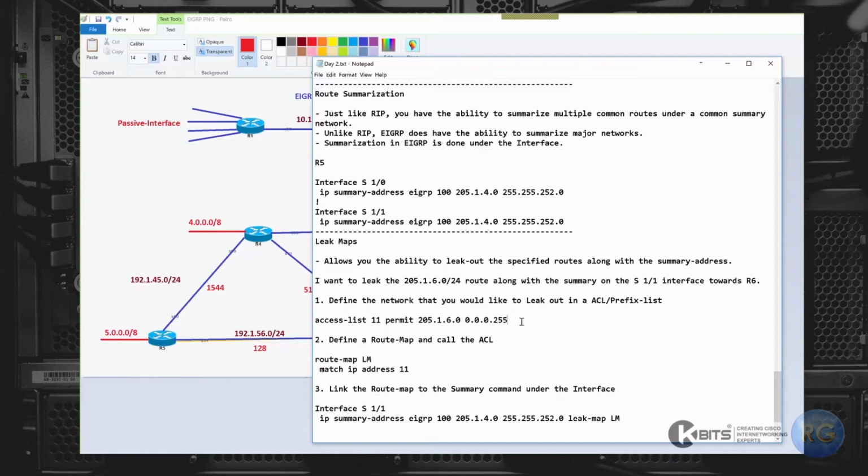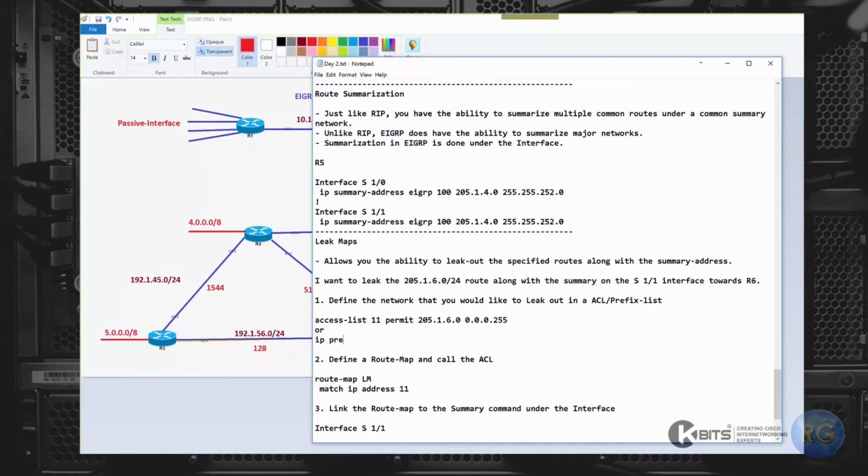Although this is the way I did it, I can also give you the example if I did it using a prefix list over here. ip prefix-list, let's call it LM permit 205.1.6.0/24. That would be the other way to do it. So let's do that as a prefix list over here.